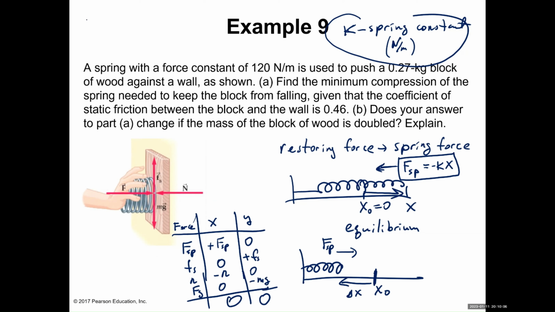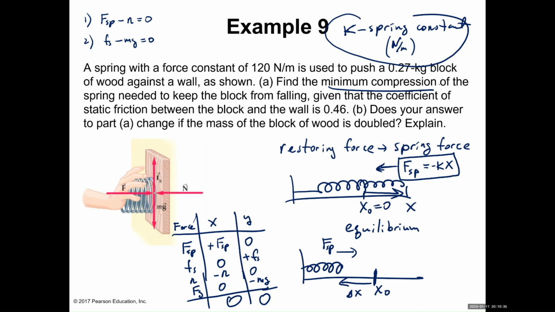So that means you end up with two equations. Equation 1: spring force minus normal force equals 0. Equation 2: static friction minus mg equals 0. Now, what we want to do here is find the compression.